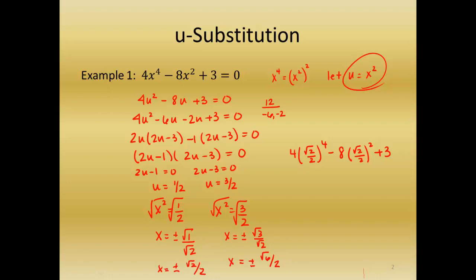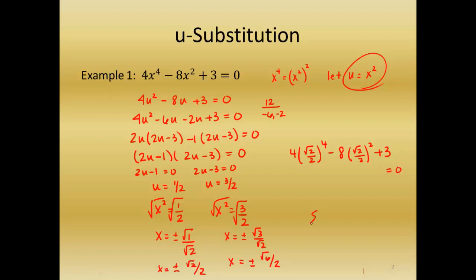Please note that when you're raising something to an even power, I don't have to check both the positive and the negative because the even power will take care of eliminating the negative. So really I'm only checking 2 of these 4 answers. If you go ahead and type that in your calculator, you will see that it does equal 0 and that all of my answers will check out.